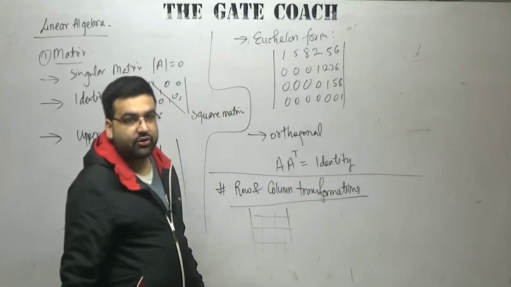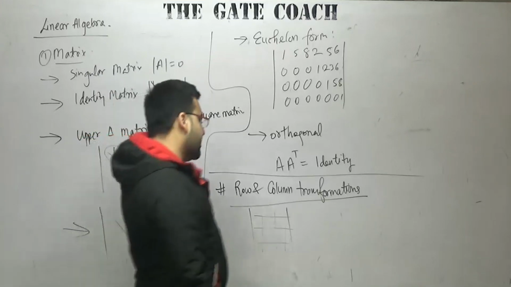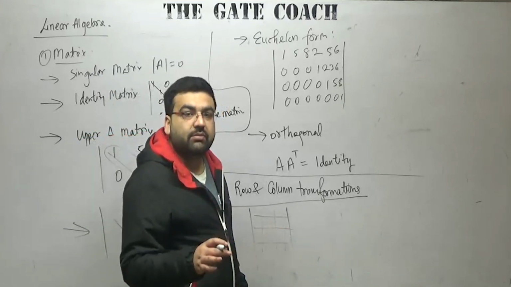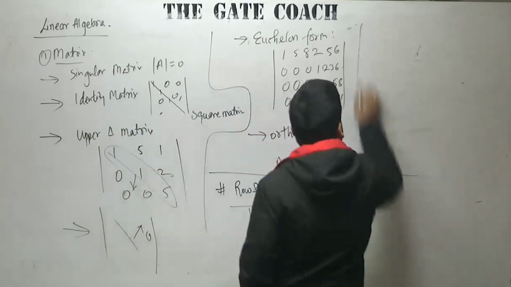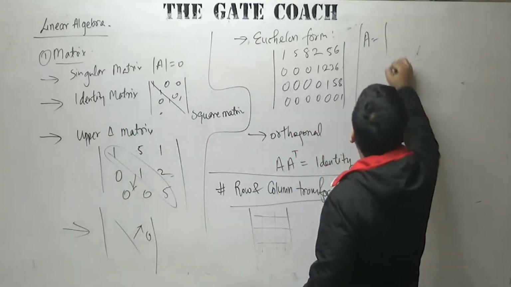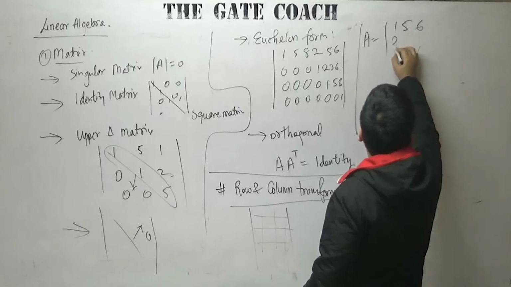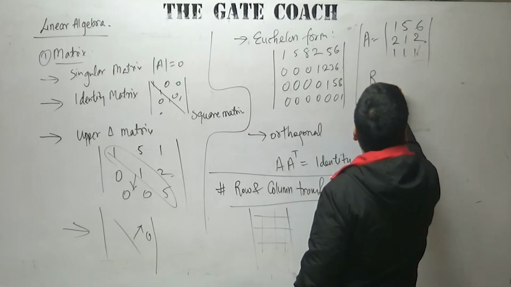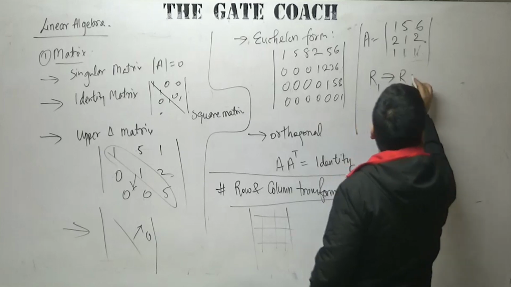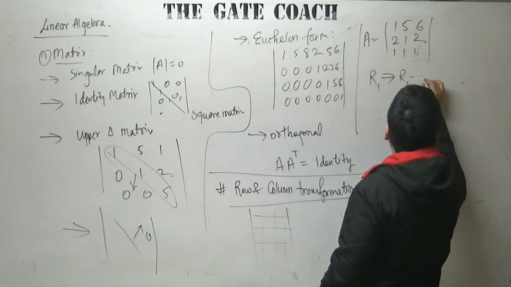One common mistake which students make is that they do not apply the row and column transformations one by one. For example, a matrix A is given to you like this: 1, 5, 6, 2, 1, 2, 1, 1, 1. You apply R1 changes to R1 minus R3.